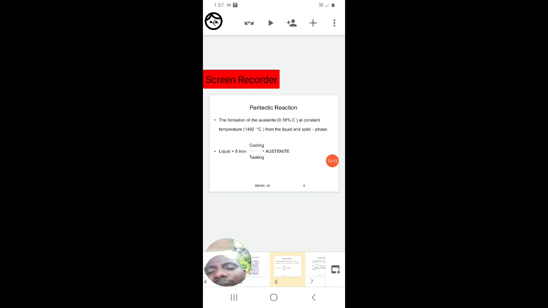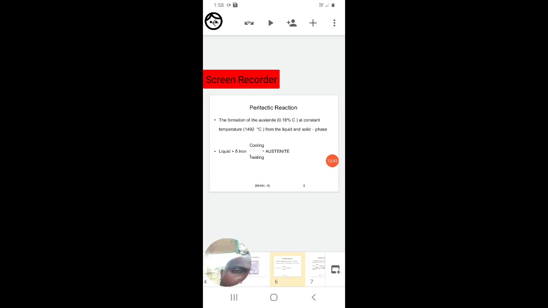This peritectic reaction takes place at 0.18% of carbon and 1492 degrees centigrade. So delta iron plus the liquid form of iron gives rise, by cooling or heating, to the stable form of iron. It is a reversible process.